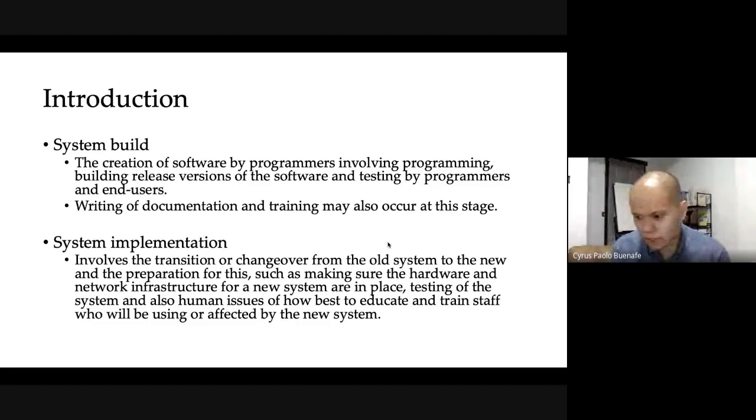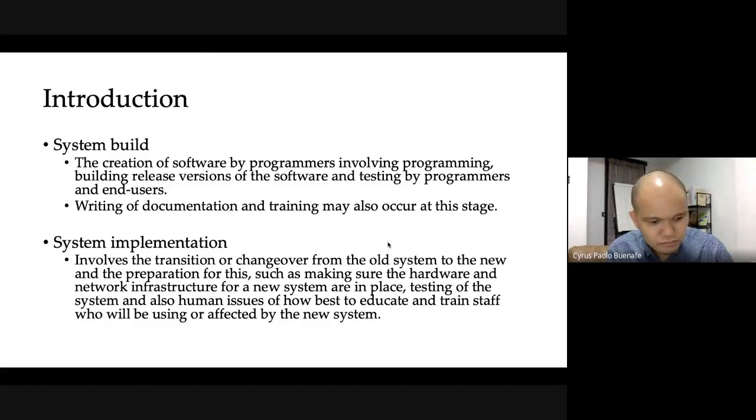And sometimes when we deal with development, we are also concerned about software, but we can also include things about hardware as well. So there are a lot of considerations in this stage with respect to development.